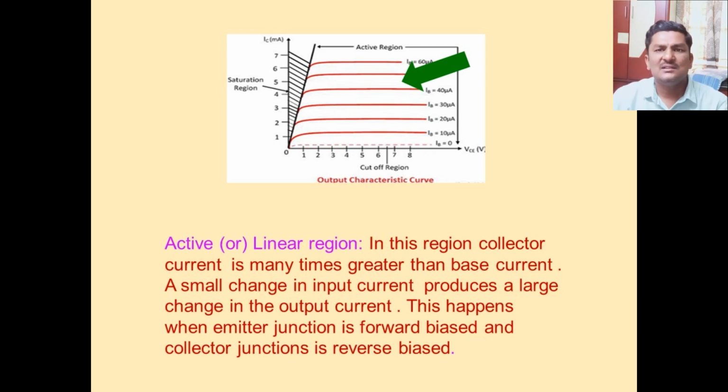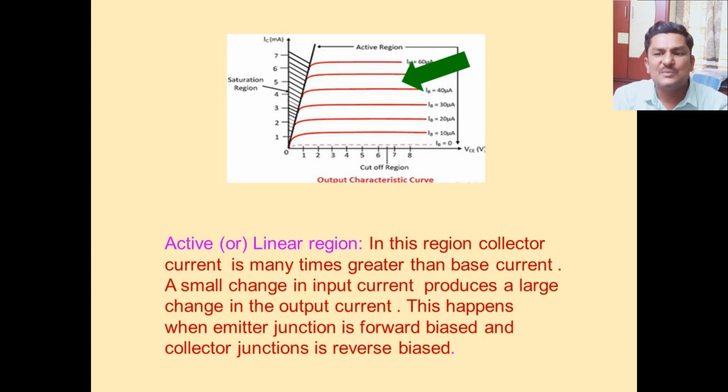A small change in the input current, that means the IB value, produces a large change in the output current, that is the collector current.